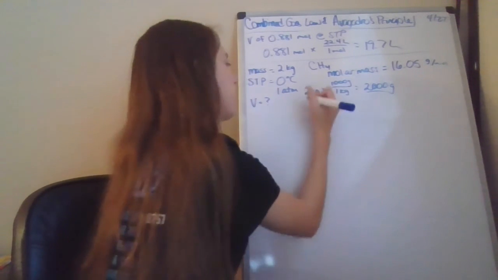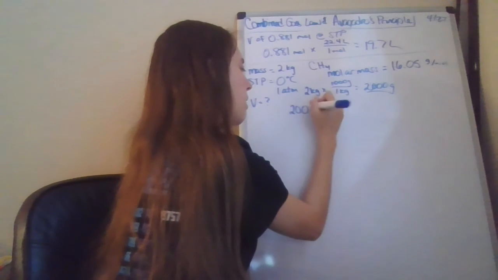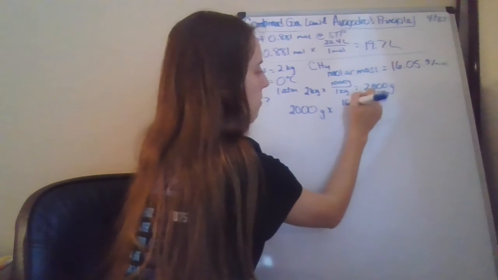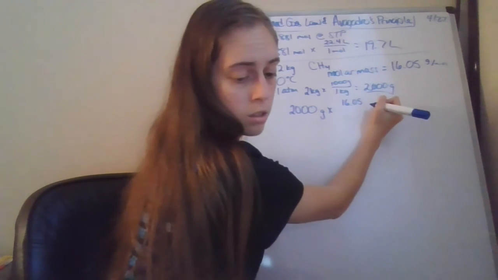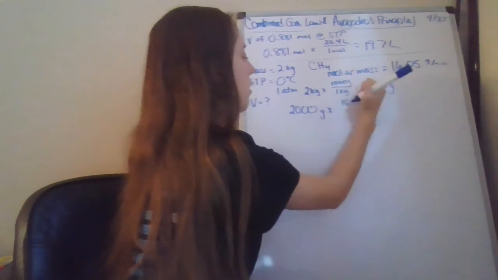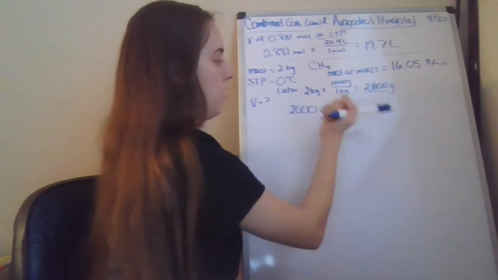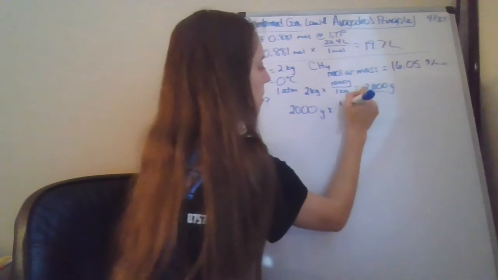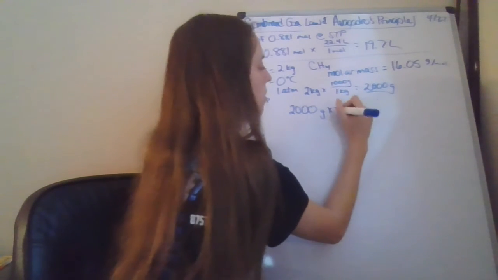So how many moles do we have? 2,000 grams times, oh, I am so sorry, it's 1 mole over 16.05 because we want moles.